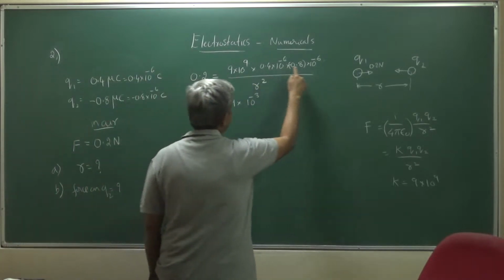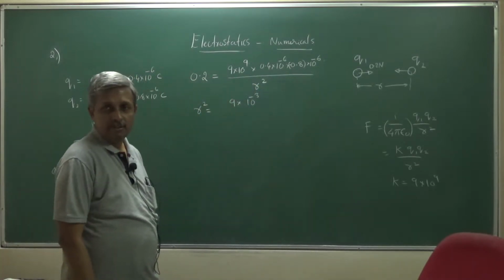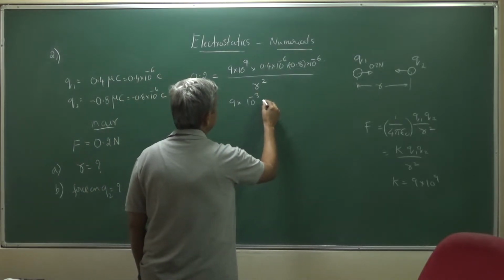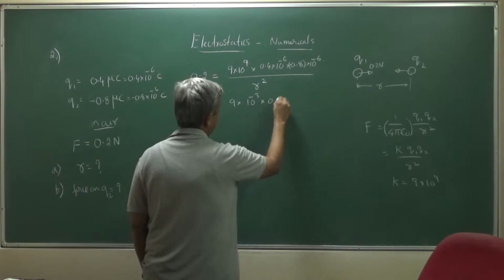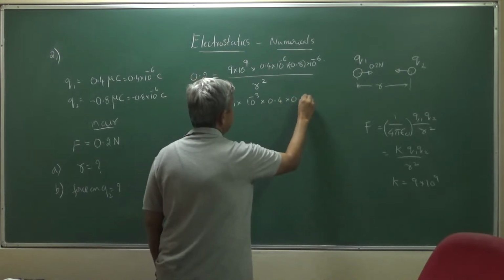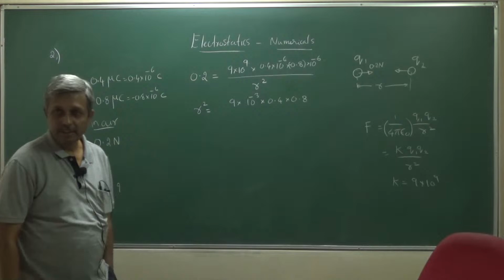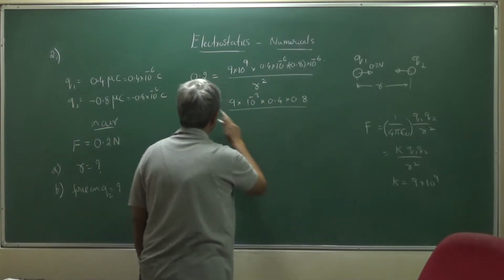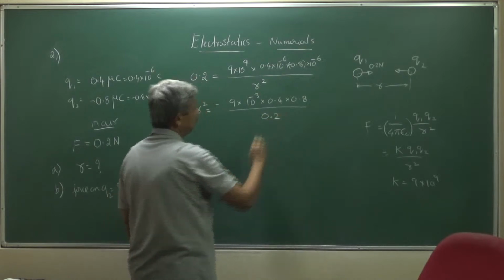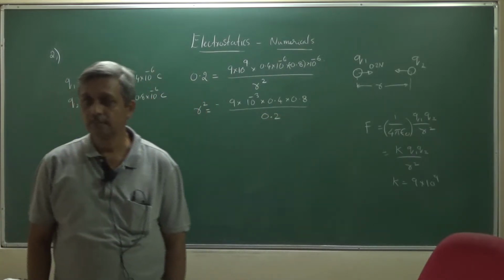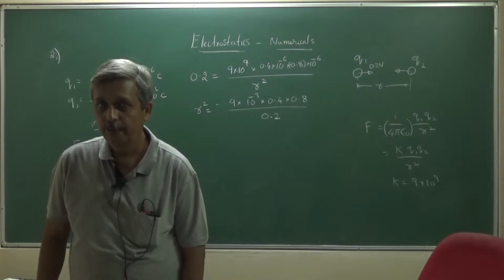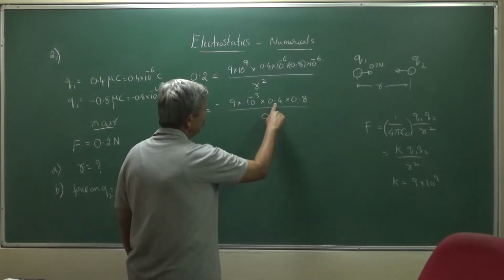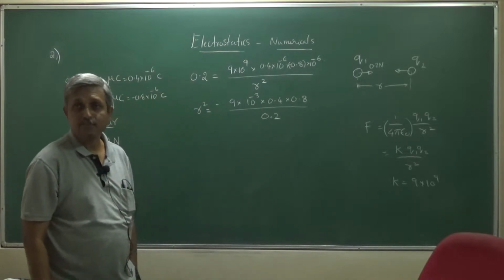Then 0.4 into 0.8, I'm going to write it simply as 0.4 into 0.8 for now. Let us multiply it with 9. And the negative is there, that we will keep out. Divided by 0.2, the 0.4, correct?